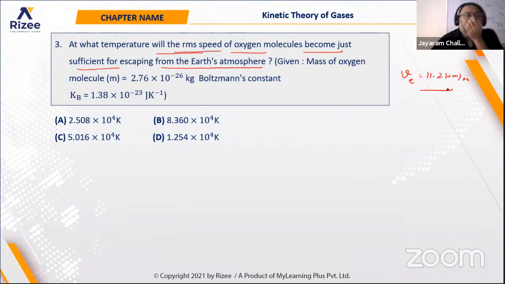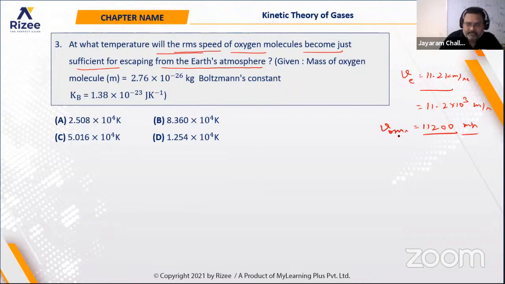That means the velocity of the oxygen should come out to be 11.2 kilometer per second. Or else if I convert this one, this is 11.2 into 10 to the power of 3 meter per second, or it will be 11,200 meter per second. So your RMS velocity has to be this much. So this is the given information.